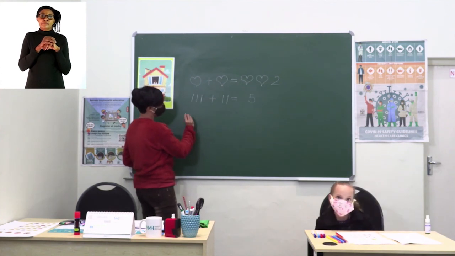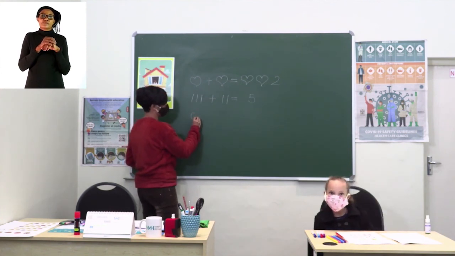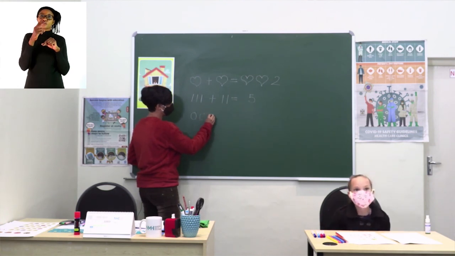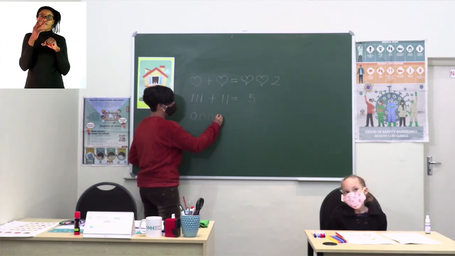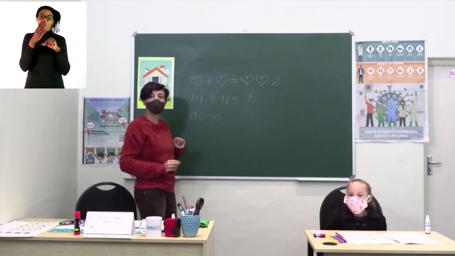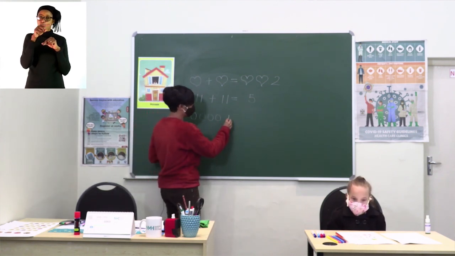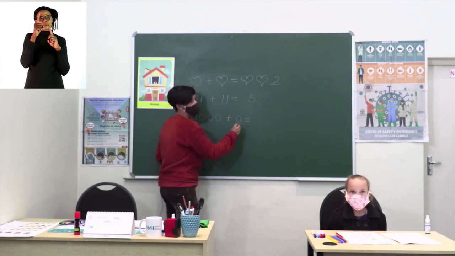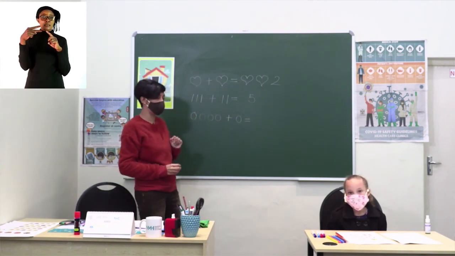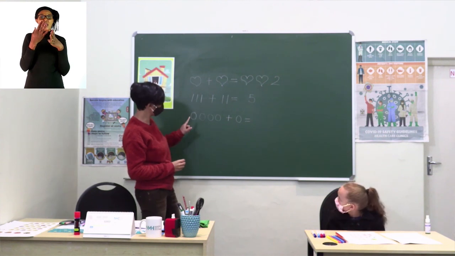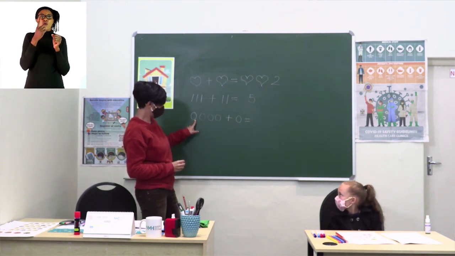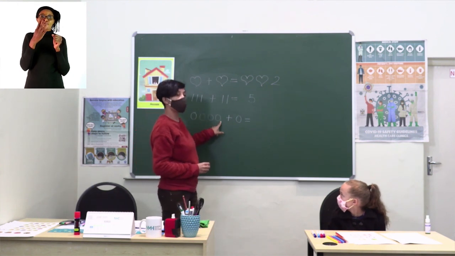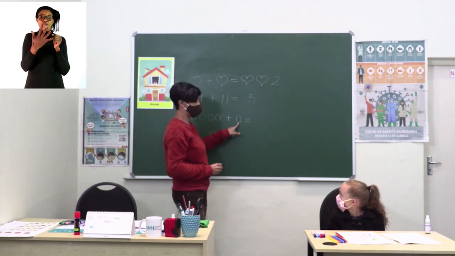I'm going to make, let's say, circles. 1, 2, 3, 4. I have 4 circles here plus 1 circle. How many circles do I have now? Danelle, let's count our circles. 1, 2, 3, 4, 5.